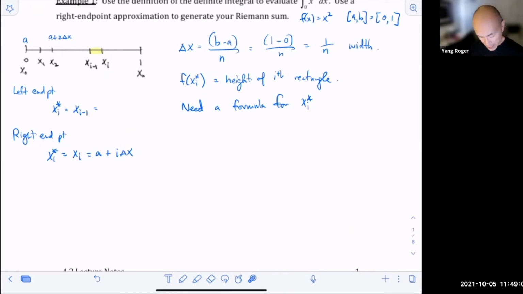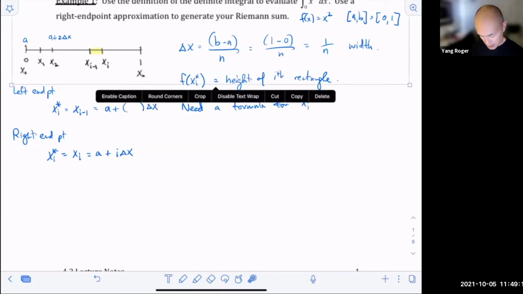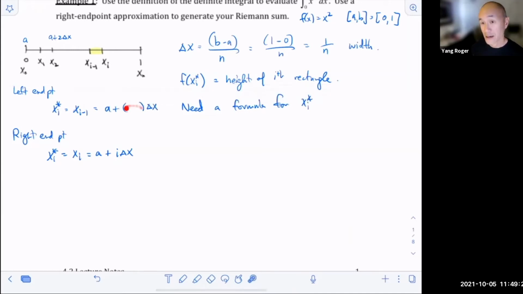If you follow that, then maybe you could tell me what the formula for xi minus 1 should be. It's going to be A plus some number of delta x's that I add. Do you guys know what should go inside here? What do you think goes inside here? Any thoughts?